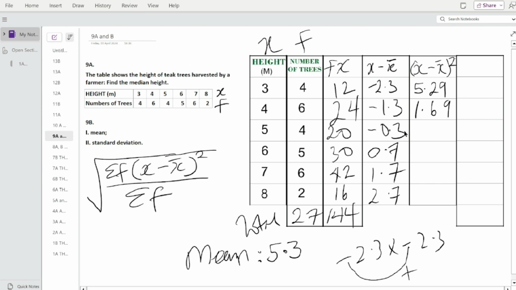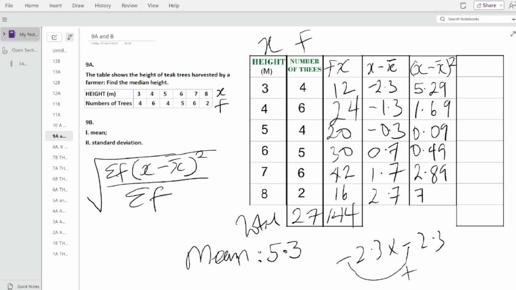Minus 0.3 times minus 0.3 will give us 0.09. 0.7 times 0.7 will give us 0.49. 1.7 times 1.7 will give us 2.89. And 2.7 times 2.7 will give us 7.29.